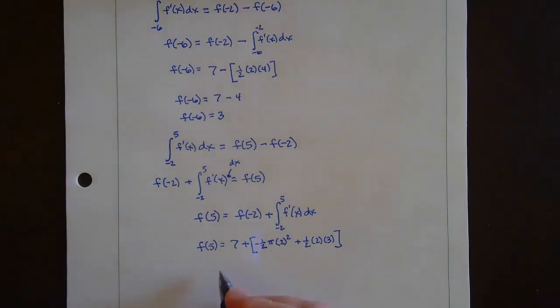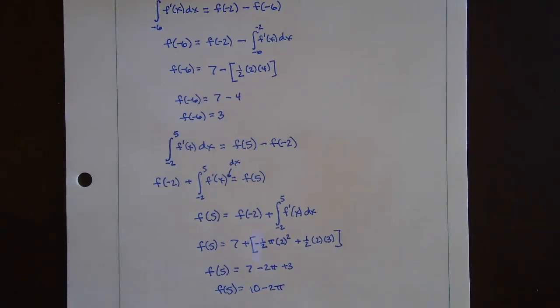And so that means f of 5 is equal to 7, and this is 4, and we're going to take half of that. So that'd be minus 2 pi, and plus 3. So that means f of 5 would be 10 minus 2 pi.